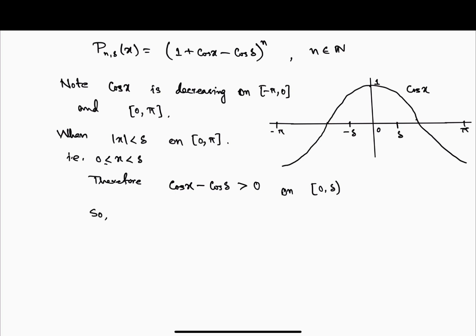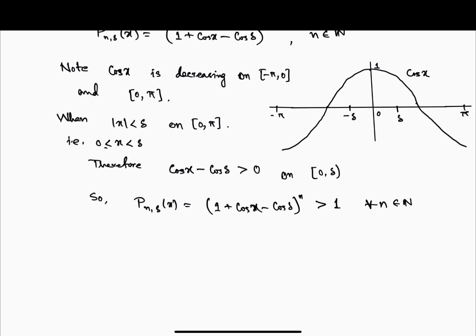So P_n,delta of x, which is (1 plus cos x minus cos delta) to the power n, has a base strictly bigger than 1, so this quantity is strictly bigger than 1 for all n. This is case 1.